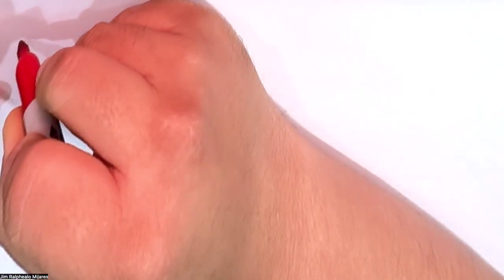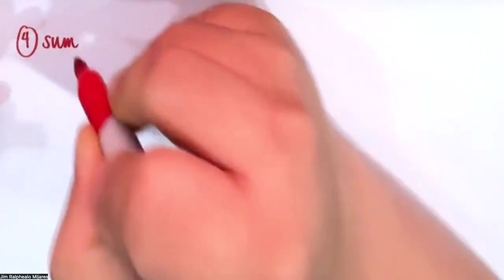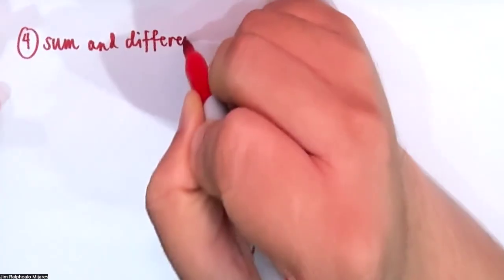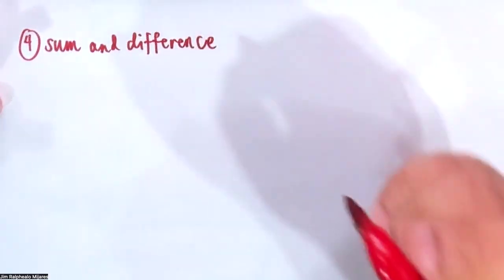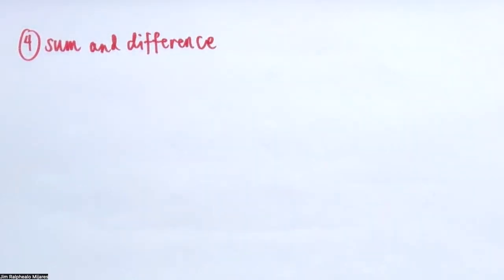The next rule is called the sum and difference rule. There's a little bit of a chiasmus here.